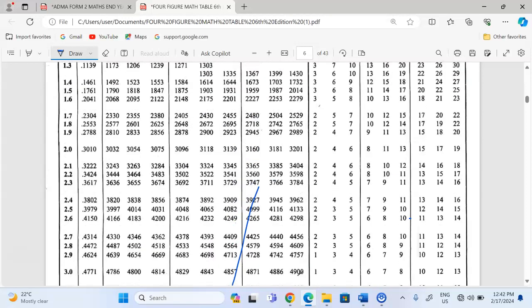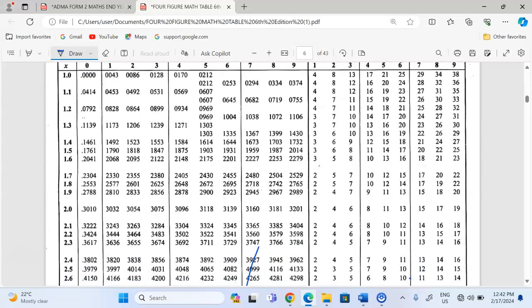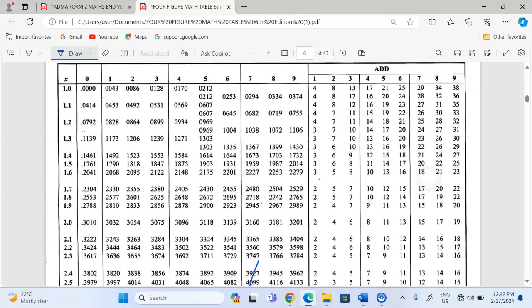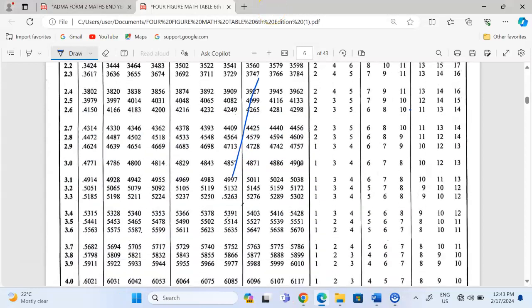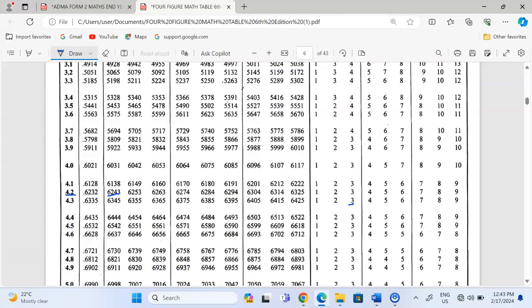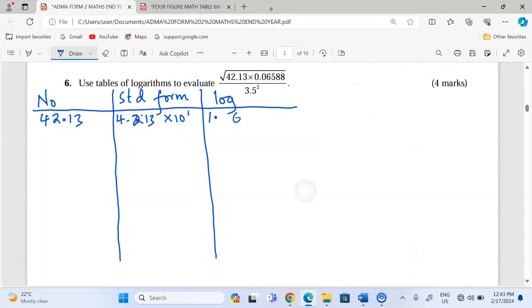So for 4.213, 2, 1, then 3 is here. I'm going to have 6243, whereby I add 3 at this end. So 6246. That is the logarithm for the first number.